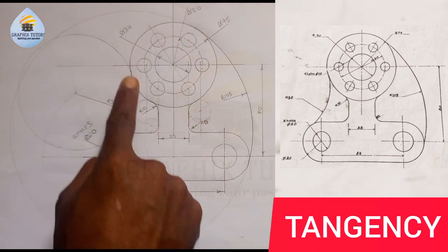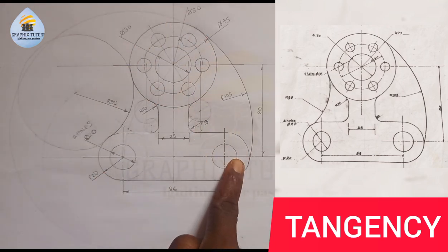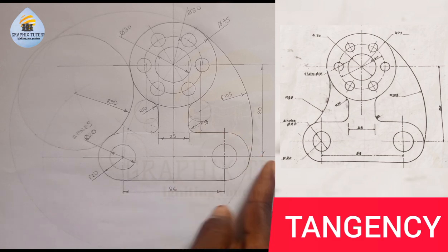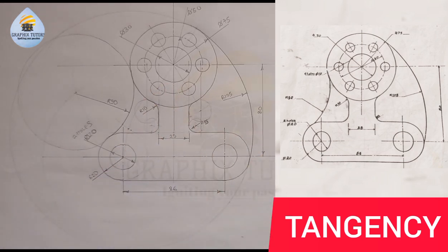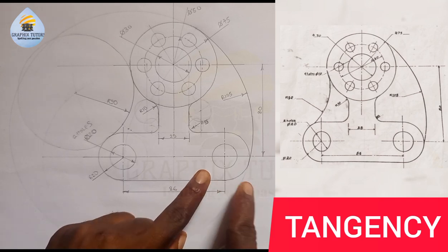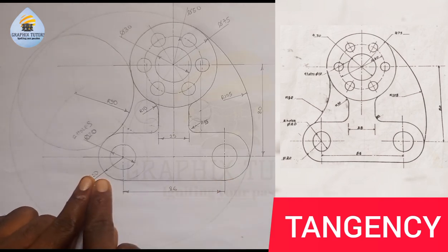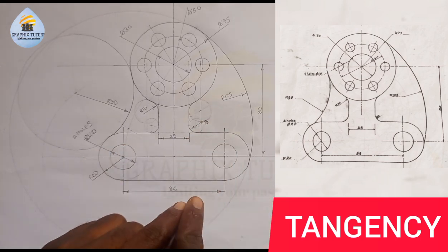And since these two circles are inside the bigger circle, you say they are what? They're internal. Because they are internal, you're going to subtract their radiuses. How? You're going to subtract the radius of this smaller circle, which is 20, from 105, and that will give you 85.